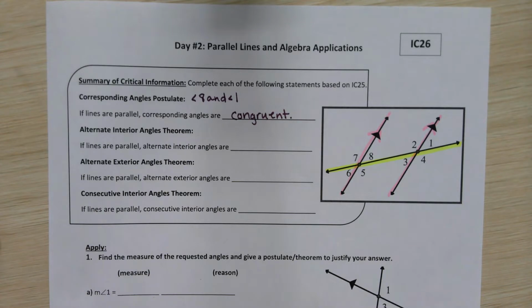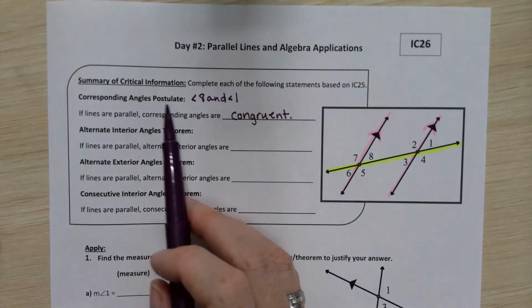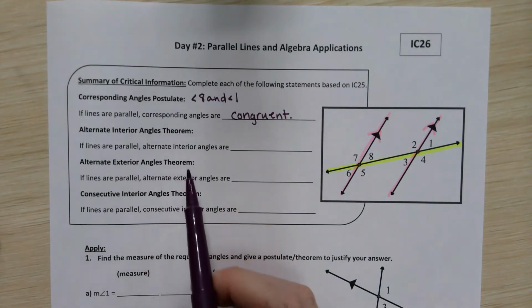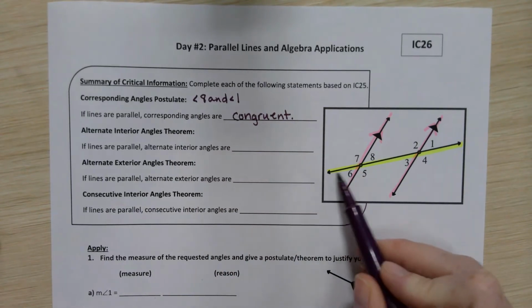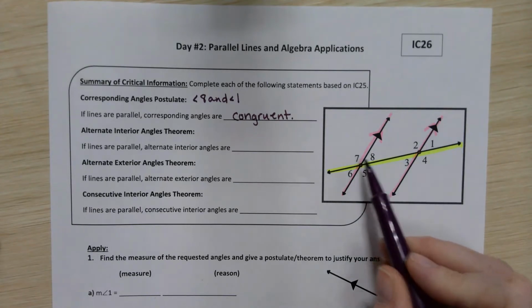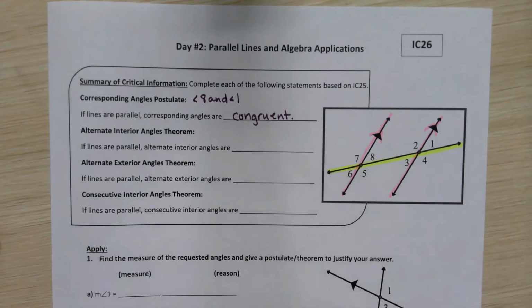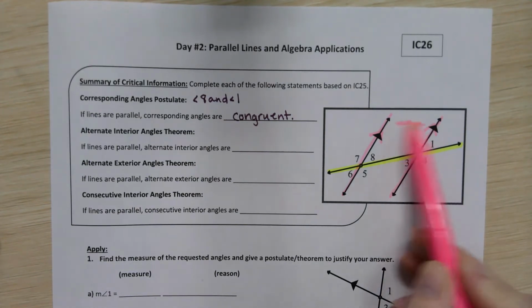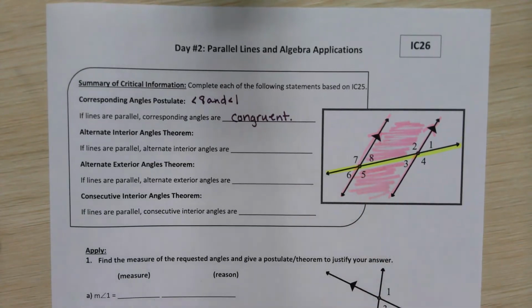The second type of angle is the alternate interior angle. The first type of angle gets to be a postulate, and then we switch over into theorem mode. For alternate interior angles, remember we're on alternate sides of that transversal. One angle will be above the transversal and one will be below. And both angles need to be in the interior space, the space between those intersected lines, in that highlighted section there.